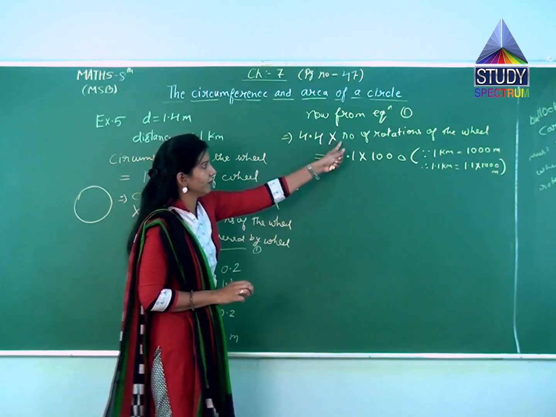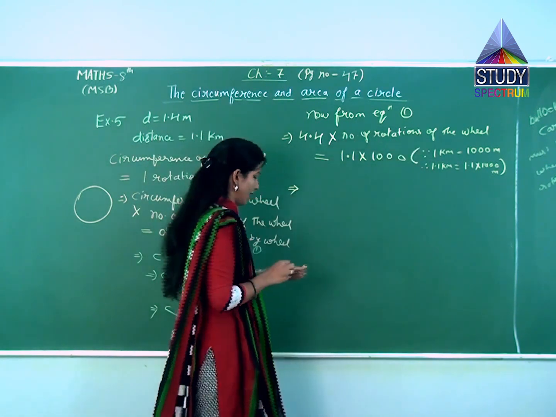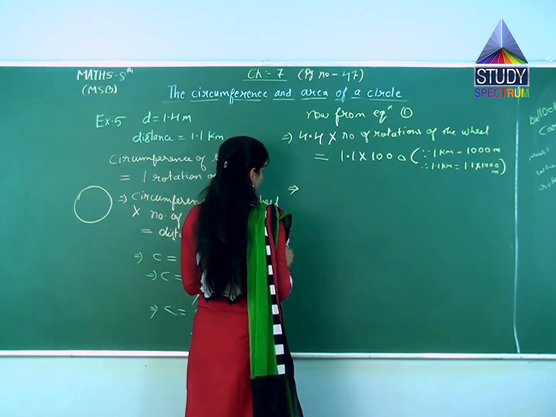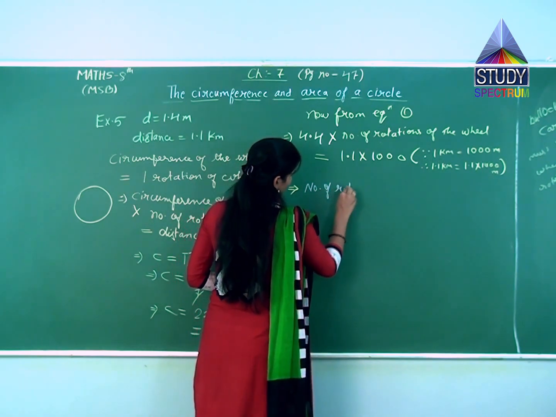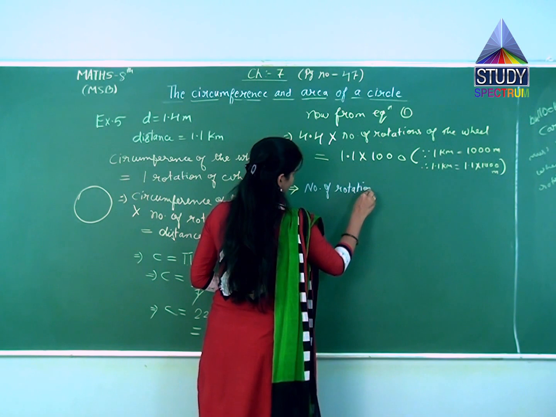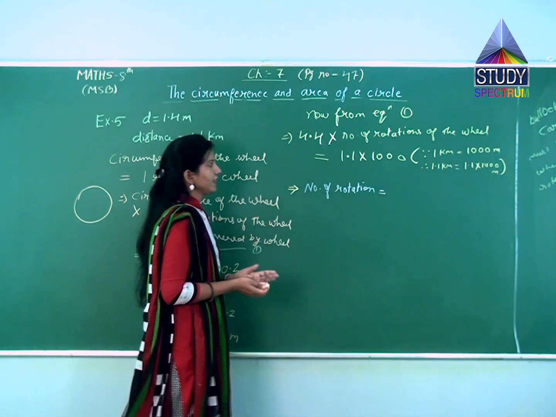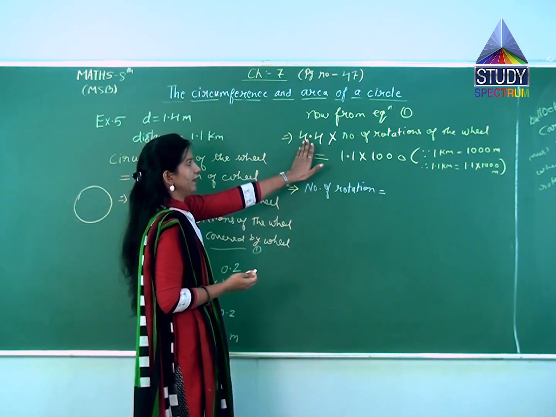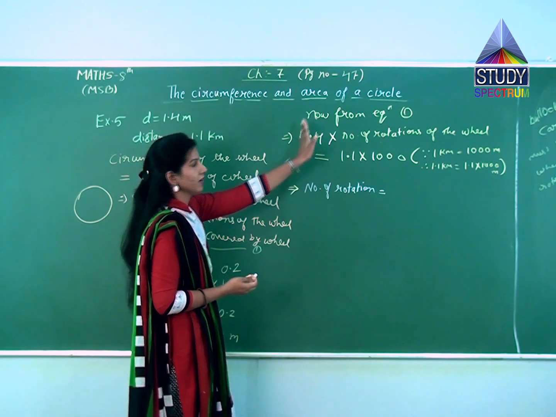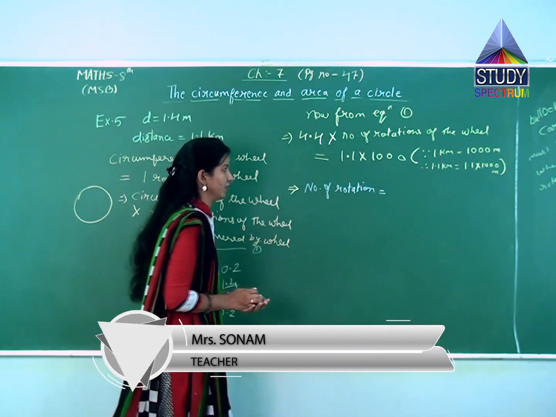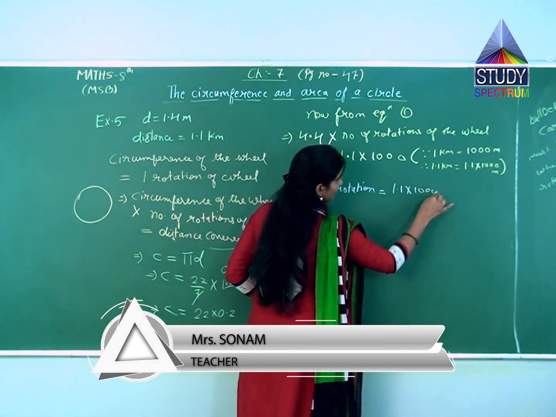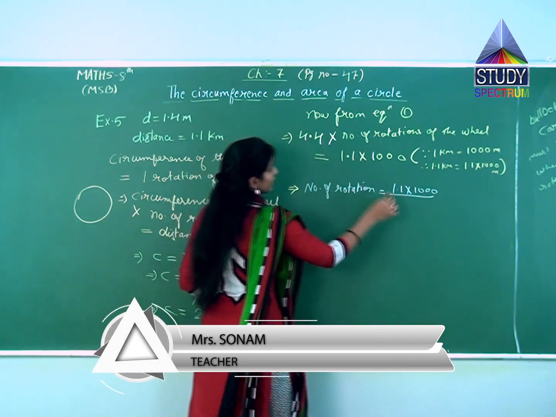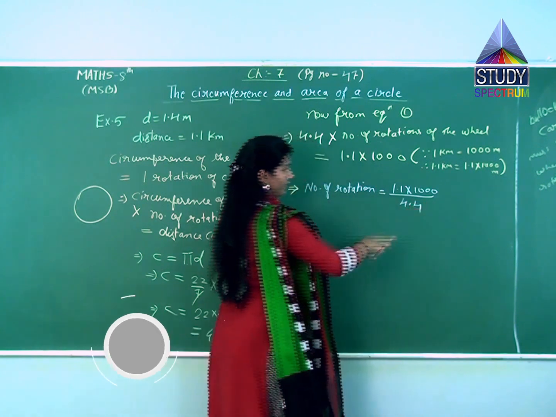Now in the next step we have to find the number of rotations. So here we will write the number of rotations equals, all the other terms will be taken to the right hand side of the equation: 1.1 into 1000 upon 4.4.